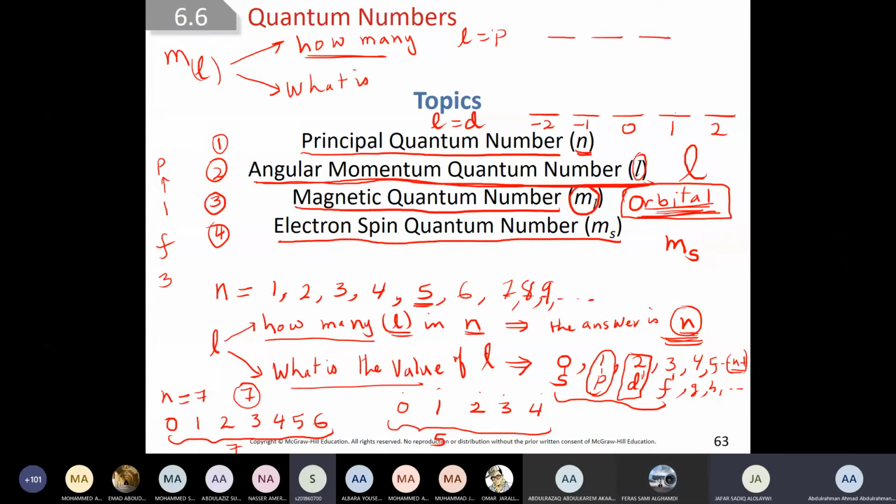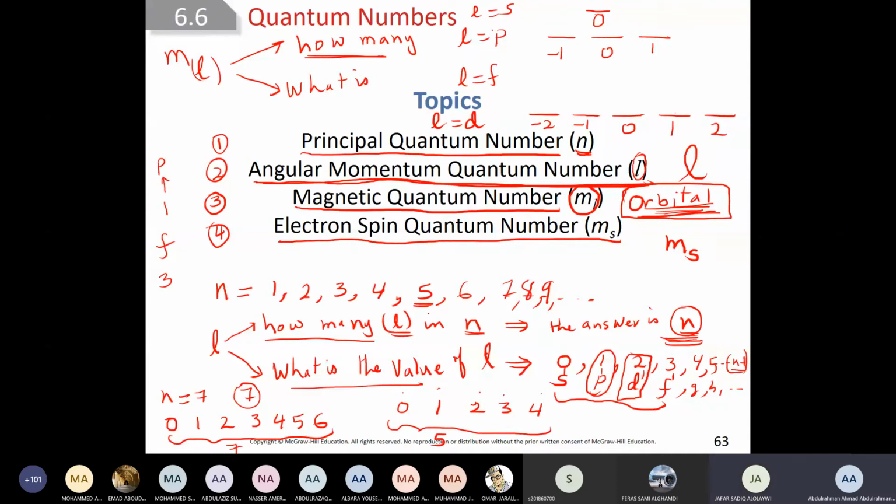Minus 1, 0, and 1. Clear? When L is equal to S, how many solutions? 1. What's the value? Just 0. When L is equal to F, how many solutions do we have?